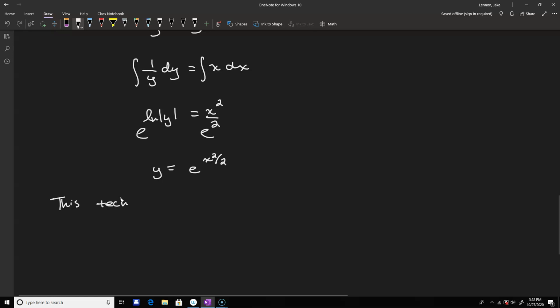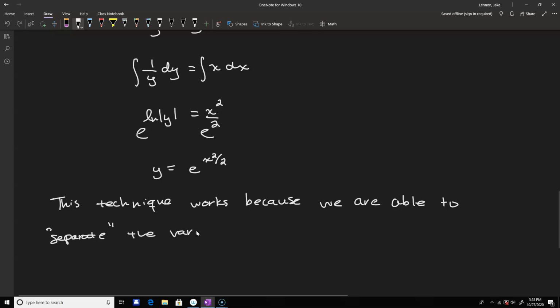So this technique works because we are able to separate the variables x and y.